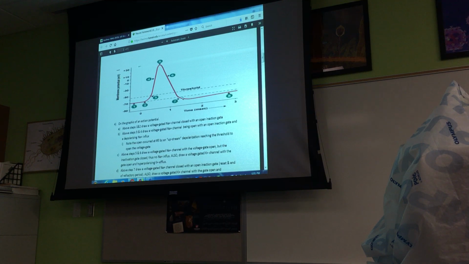It's called hyperpolarization. During the time when the sodium channels are closed, that's called absolute refraction. Then the hyperpolarization is a continuation of refraction, which can be called a lot of different names. There are two different types of refractory, but on the quiz I just said refractory.